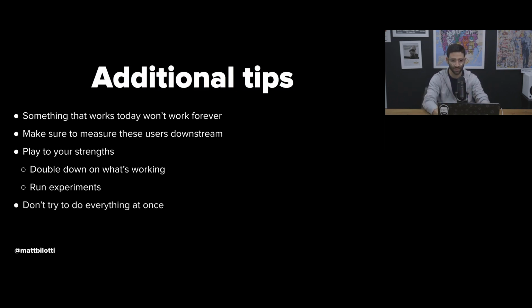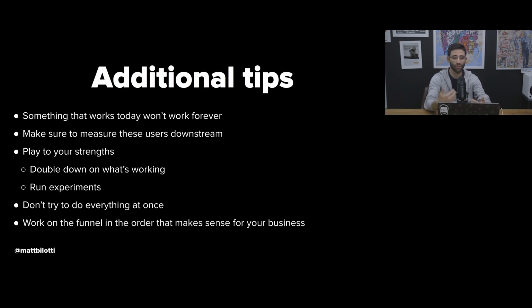Don't try to do everything at once, and work on the funnel in the order that it makes sense for your business, right? Early on, we were super focused on just getting people to sign up, and then we were focused on getting people to activate and acquire, but you might want to think about it differently in the context of your business. It's important to know which one you're building for, because that drives the way that your product team is going to think about this and the way that you're going to build systems to acquire users if you're trying to focus on just immediate retention, right?